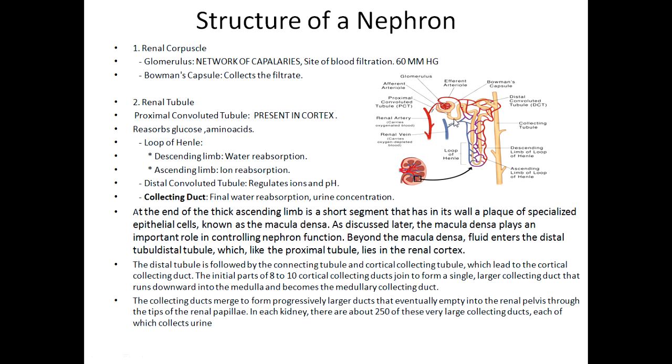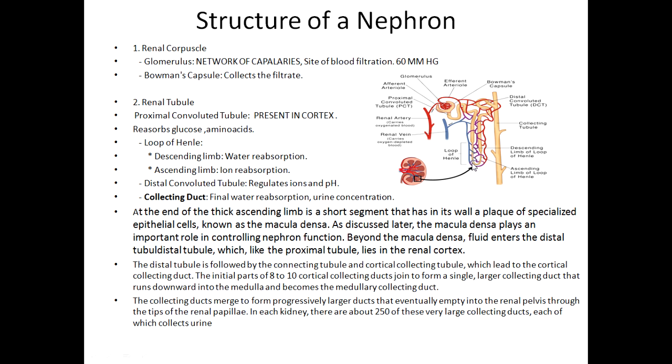The next one is called the loop of Henle. Again, it is divided into two parts: the descending loop and the ascending loop.